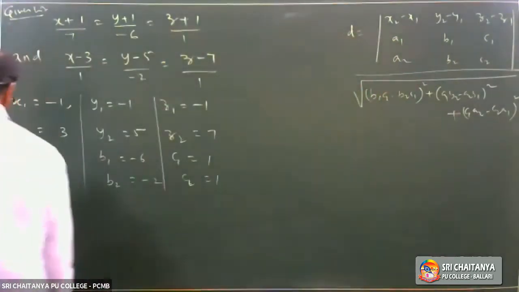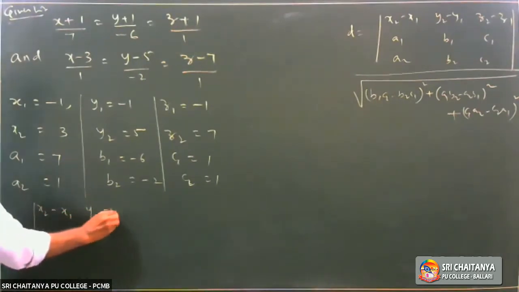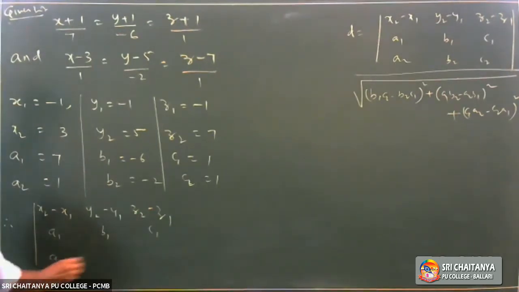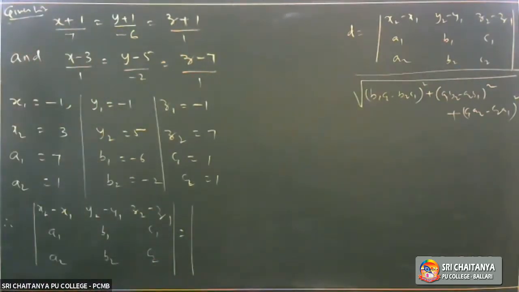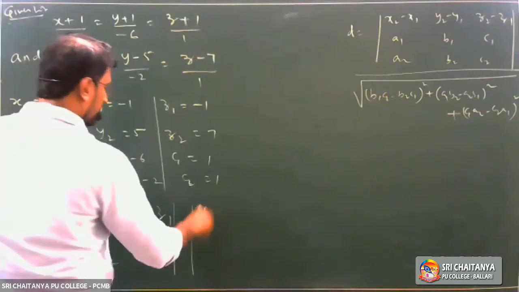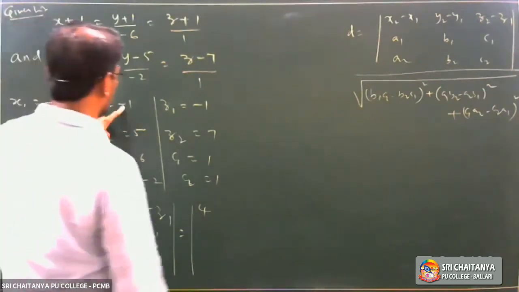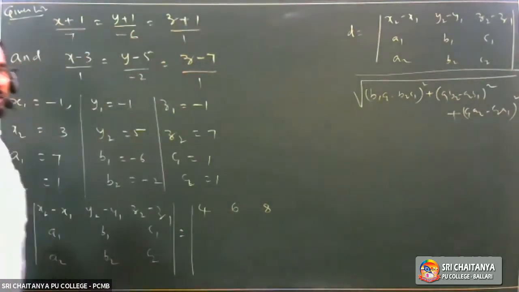After that, find out the value of the determinant. What is the determinant of x2 minus x1, y2 minus y1, z2 minus z1, a1, b1, c1, a2, b2, c2? x2 minus x1 is 3 minus of minus 1, which is 4. 5 minus of minus 1 is 6. 7 minus of minus 1 is 8.